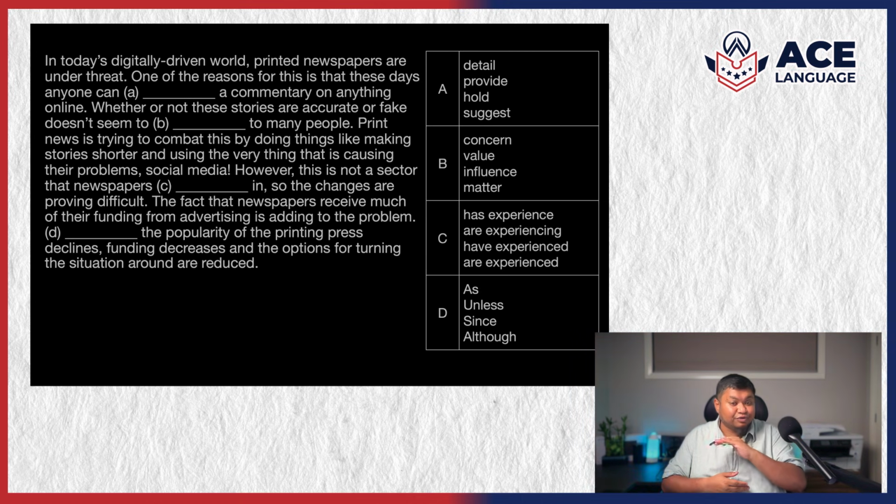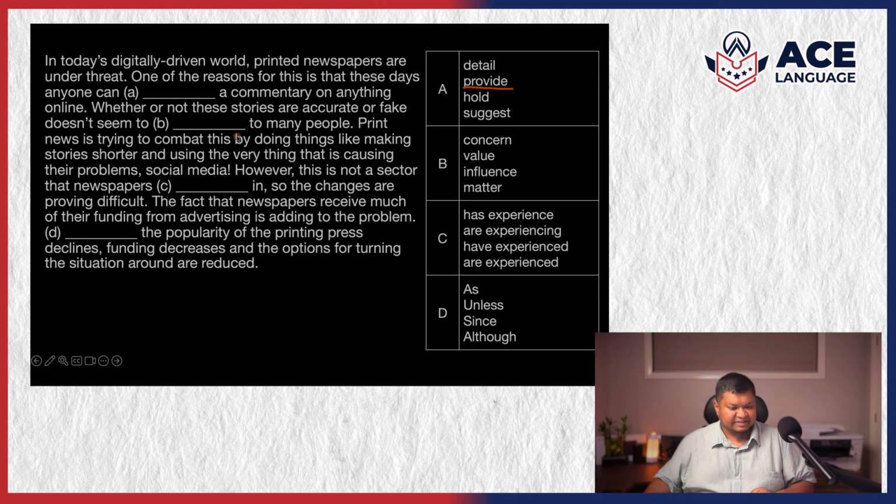You don't suggest a commentary. That means our answer here will actually be provide. Anyone can provide a commentary. Think about it. Can I write anything that I want to write on Facebook? Yes, technically I can. So my answer here will be to provide a commentary. So the answer here is provide.